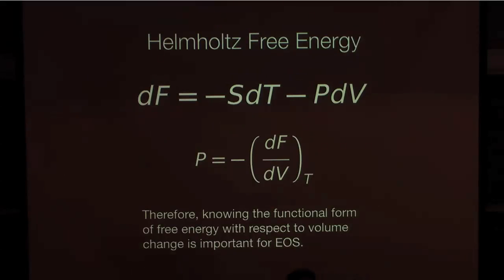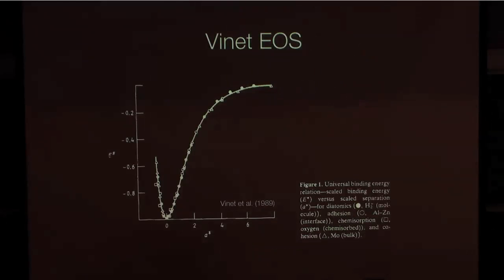So if you have a good functional form that describes the physics of this pair potential, then you can plug it into this equation and get the equation of state. And that's exactly what Vinet did. He surveyed a suite of materials: silicates, oxides, gases, and even surface-adsorbed ionic species.